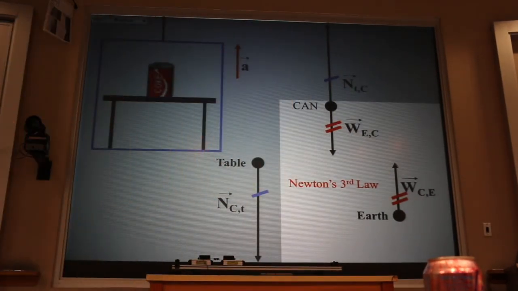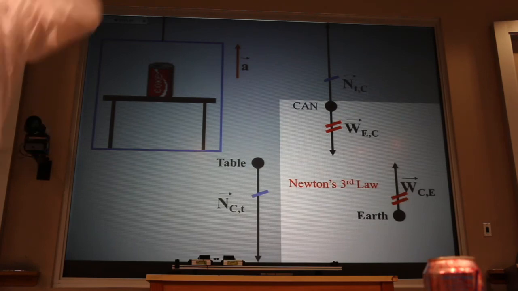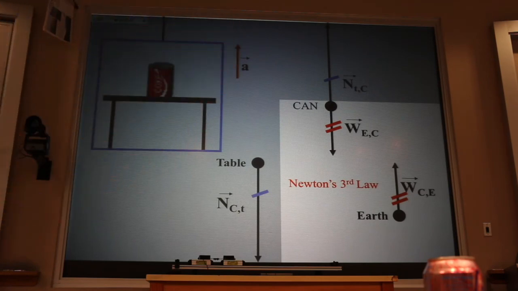He says, well, I have a push, and that gets bigger. Wait a minute, Bill. You said that normal force was a companion force to the weight. They're not equal anymore. He looked all concerned. He got really, really nervous. And he said, but that force is equal and opposite to those two. I said, oh. So every force, there's an equal and opposite group of forces. And then he really got nervous.